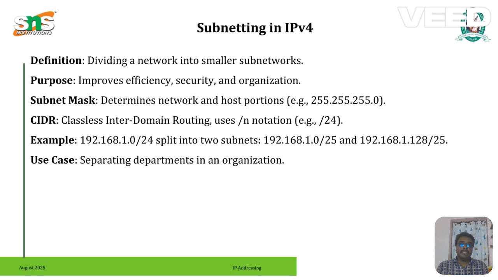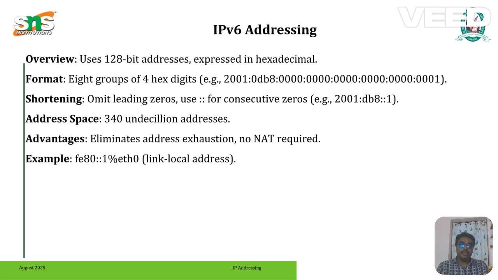Classless Inter-Domain Routing, or CIDR, is also used, for example with a /24 prefix. For example, an IP address range is divided into two subnets. If we have different departments in an organization, different subnets may be used for different departments. In that case, it is widely used.